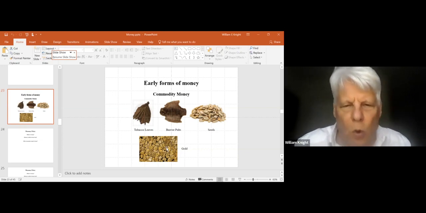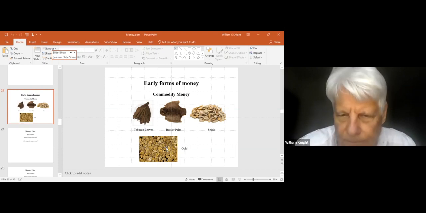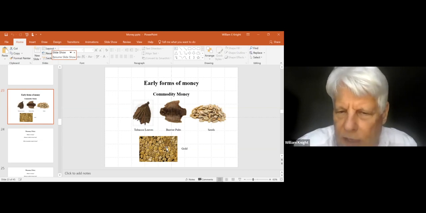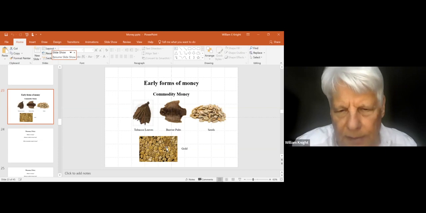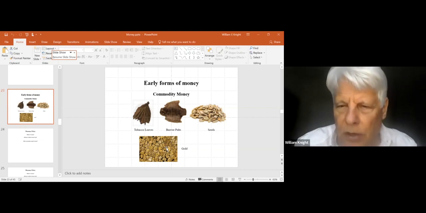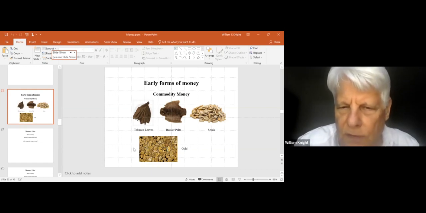Now, why has gold been accepted as money? Well, obviously, because of its bright and shiny appearance, plus the fact that it is an element and won't rust, corrode, or evaporate. That makes gold an excellent material for jewelry, and this is what gives gold its intrinsic value.